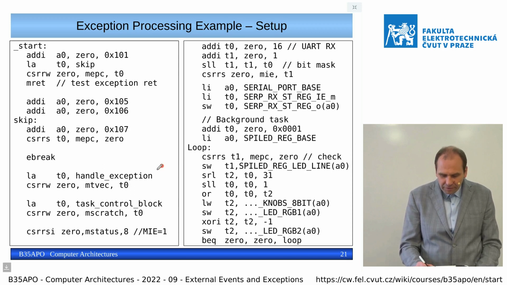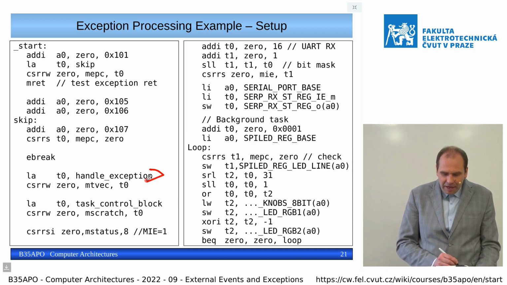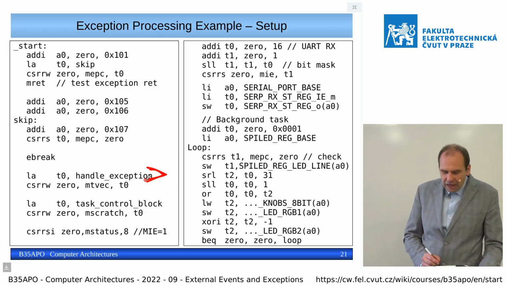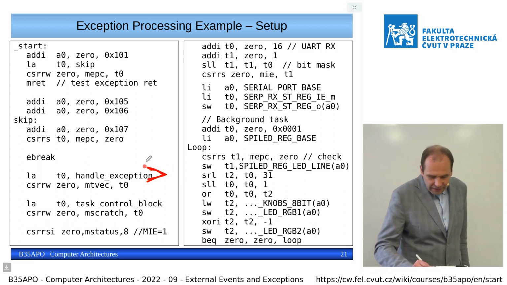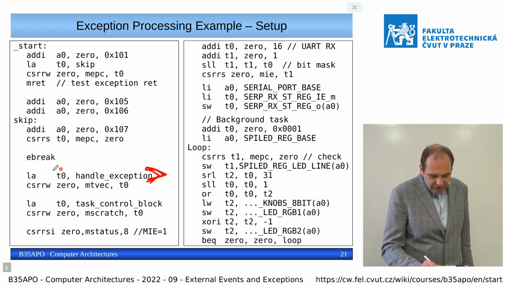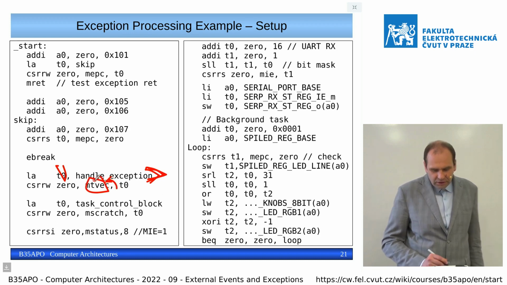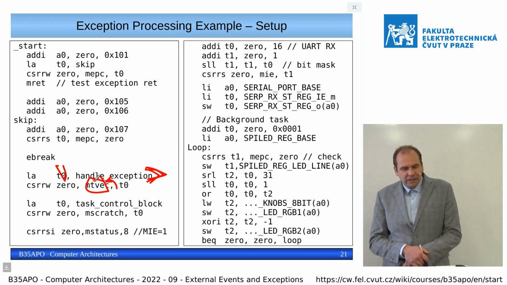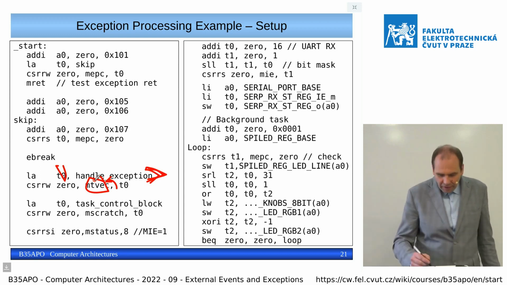Okay, so what do we need to do? First, we need some address where we want to process our exception. So it is the address which is called handle exception, the label. We set it to T0, and then we set the mtvec register to the value.